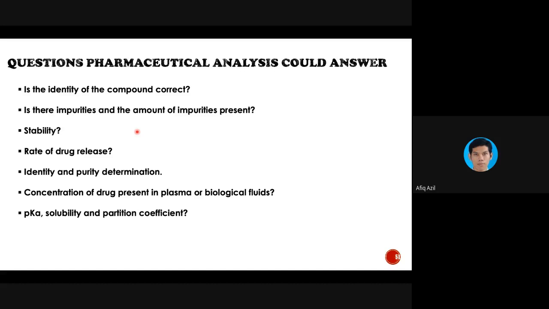So doctors may prescribe the patient to take 2 tablets or 1 tablet. So the patient may end up taking a lower dosage than suggested. So the patient ends up not recovering from their ailments, and doctors will keep on prescribing maybe a higher dosage, but actually it is not required to have a high dosage. It's just that the dosage in the actual tablet is not the same. So that is why stability is very important.